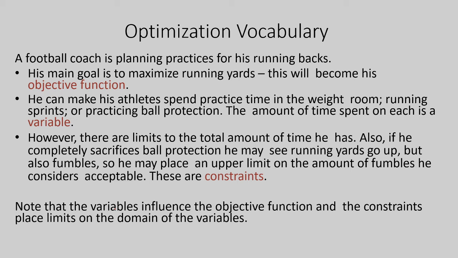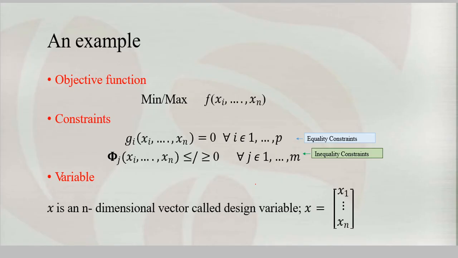If he completely sacrifices for ball protection, you may see running yards go up, but also fumbles. So he may place an upper limit on the amount of fumbles he considers acceptable. So these are the constraints: the amount of time or the number of fumbles that can be accepted. All these things come under the constraints.